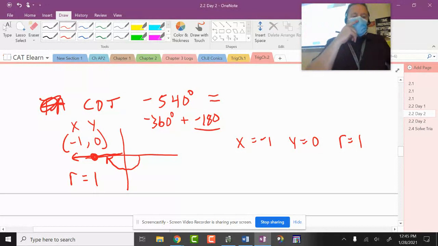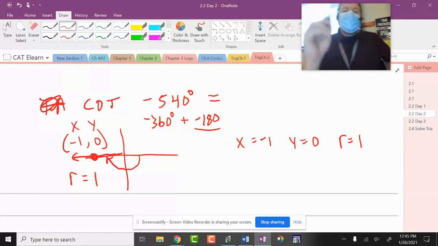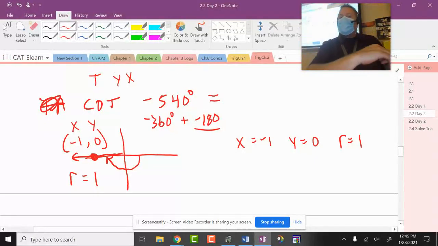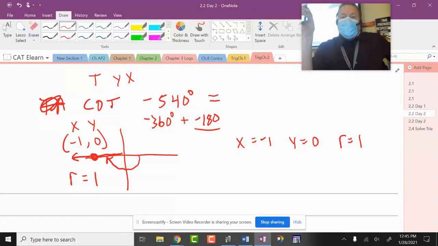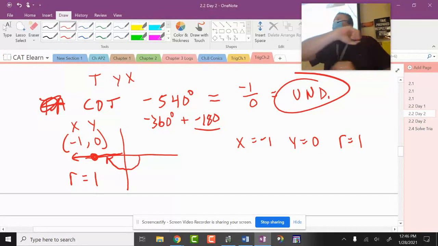What does cotangent deal with? 3, or reciprocal of 3, 2, 1. Tangent. Tangent is Y over X. So cotangent is the flip of that. Oh no. What does that end up becoming? Some people are getting this wrong. What's negative 1 over 0? Undefined.